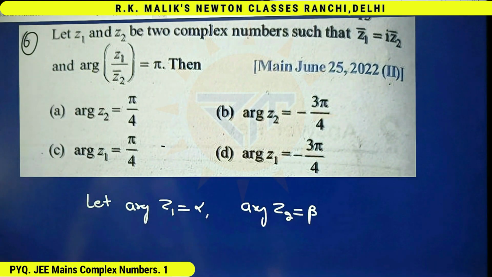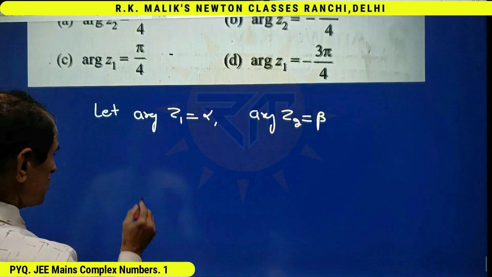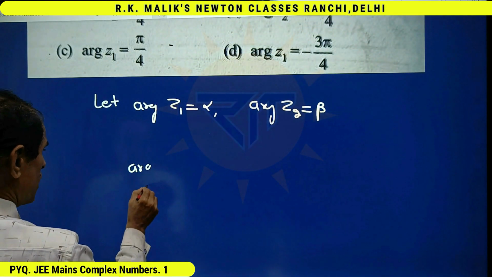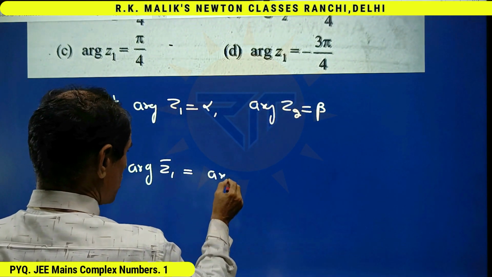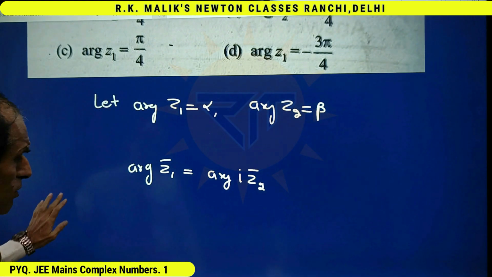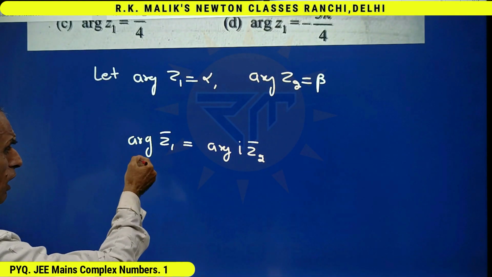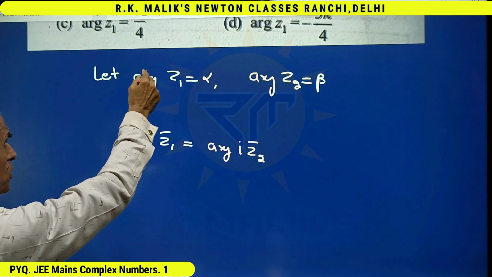With the help of given information, I will find two relations between alpha and beta, and from those two relations I will find the value of alpha and beta. This information implies that argument of Z1 bar is equal to argument of I Z2 bar, and we know that argument of Z1 bar is minus of argument of Z1.